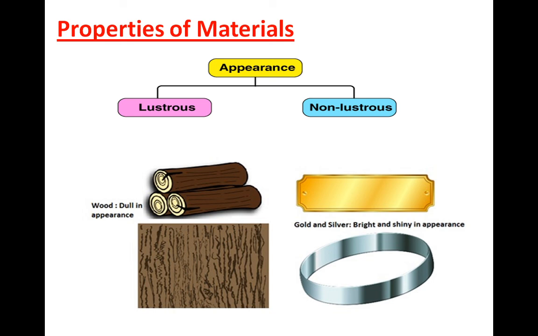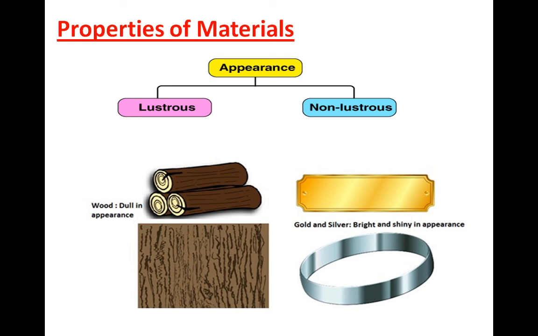And according to that property, we use those materials to make different objects. Wooden things we use to make furniture, whereas gold and silver we use to make our jewelry. We cannot use wood to make jewelry because wood is very dull in appearance, whereas gold and silver are very bright and shiny in appearance.